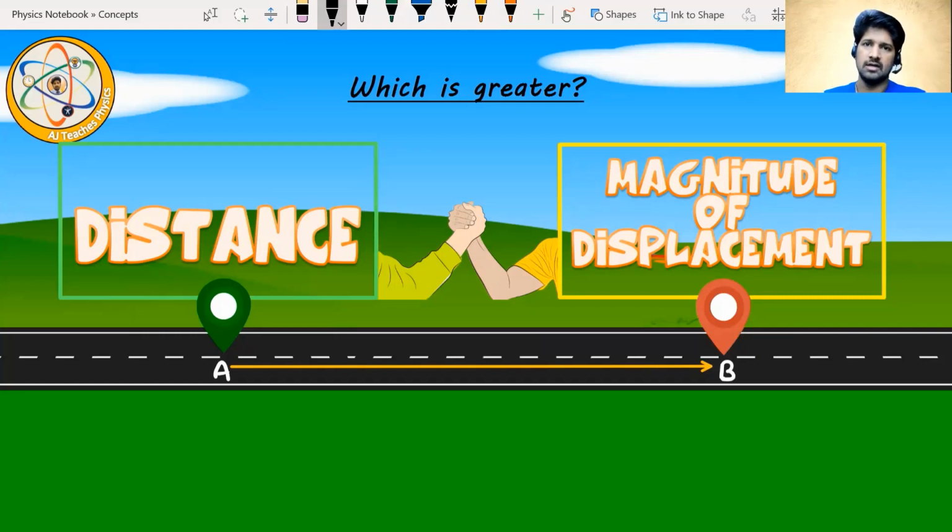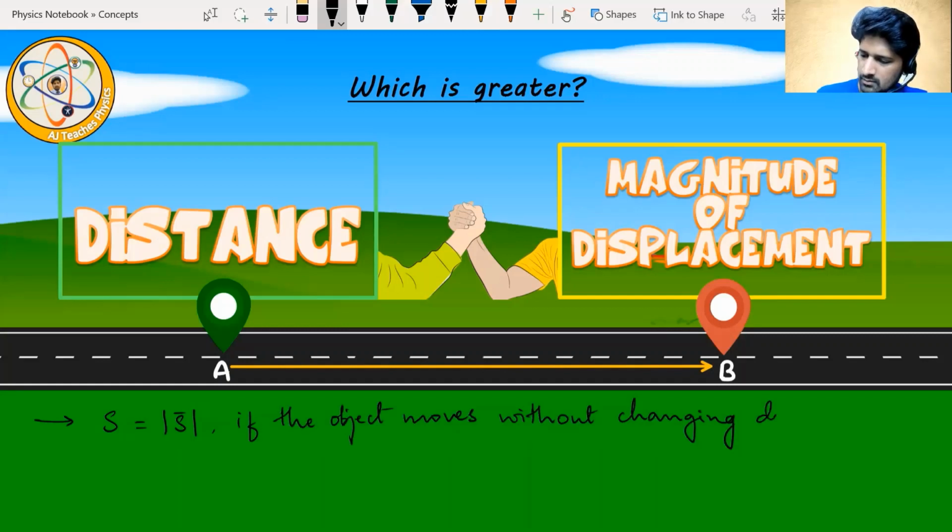So it is possible for the distance covered by an object to be equal to the magnitude of displacement, and that happens only when the object moves without a change in its direction. So we can say that distance equals the magnitude of displacement if the object moves without ever changing its direction of motion.